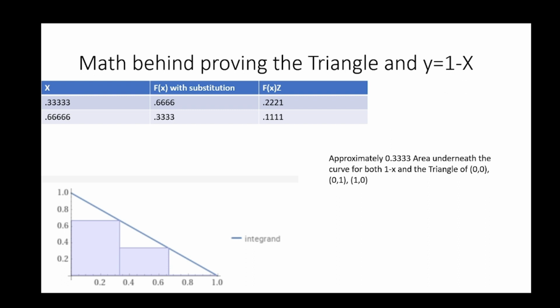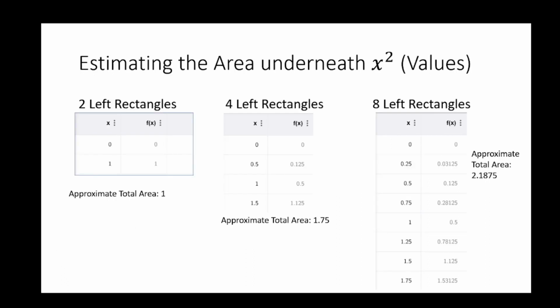Now we move to one of the most important parts of the project: estimating the area underneath x^2. In the first example, we have 2 rectangles, then 4, 8, 16, 32, and 64. Δx in the first one equals 1, the second equals 0.5, and the third equals 0.25.